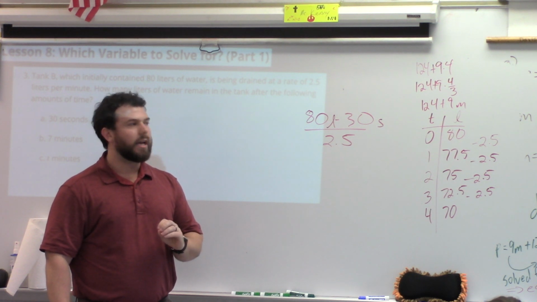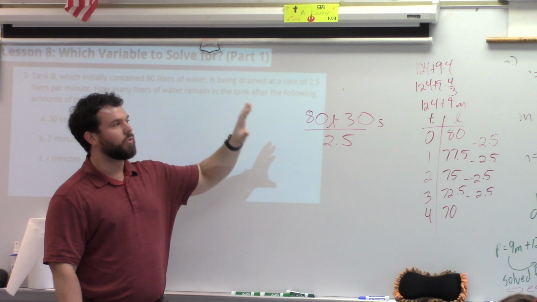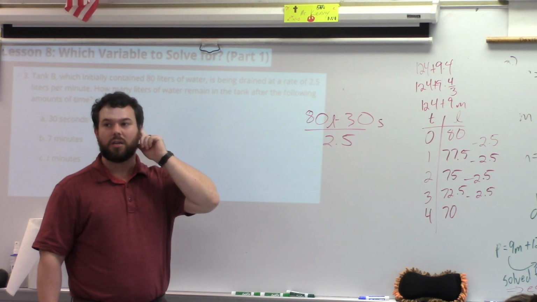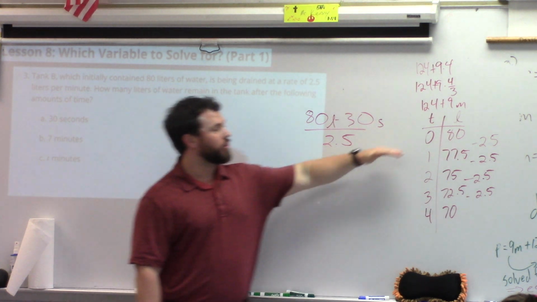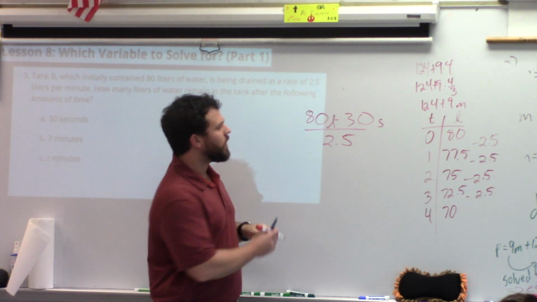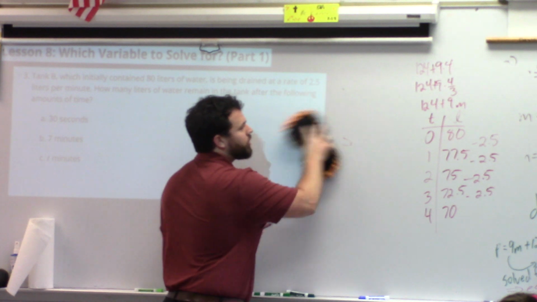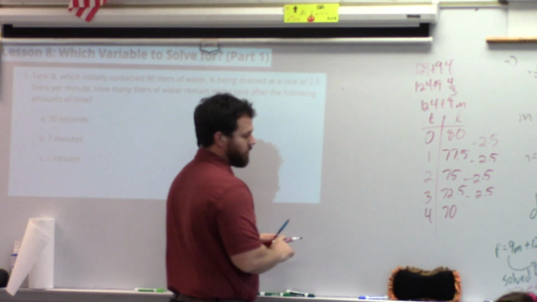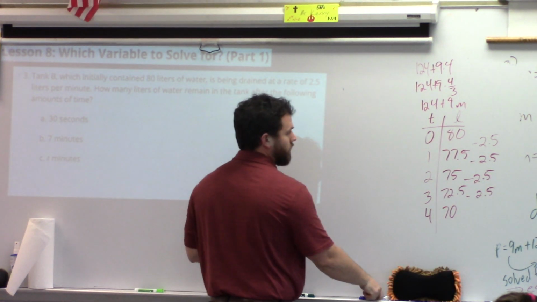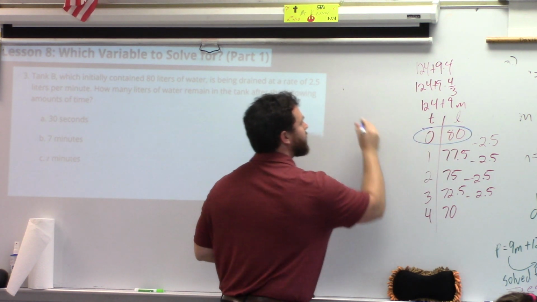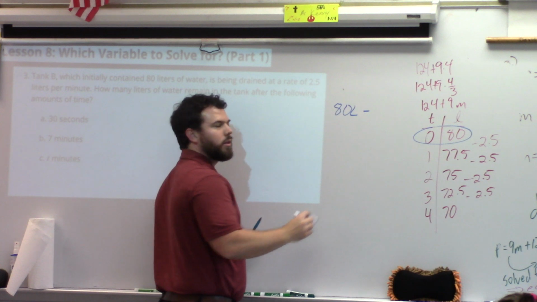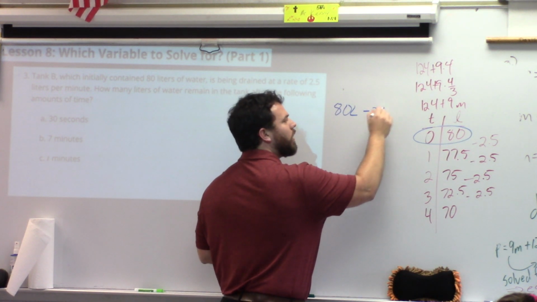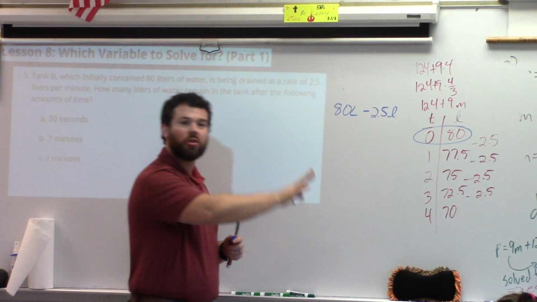As I said, there are multiple equations you can write, so you need to understand what is happening. Notice when we look at it this way, we're starting at how many liters? Starting at 80 liters. And what are we taking away? 2.5 what? You see how we're taking away liters from liters?